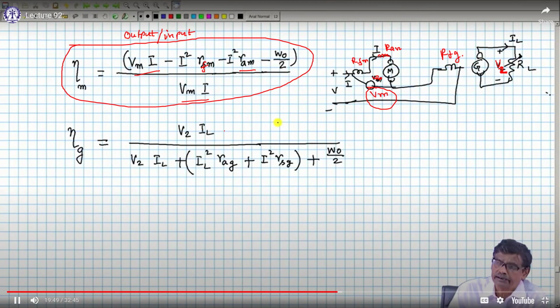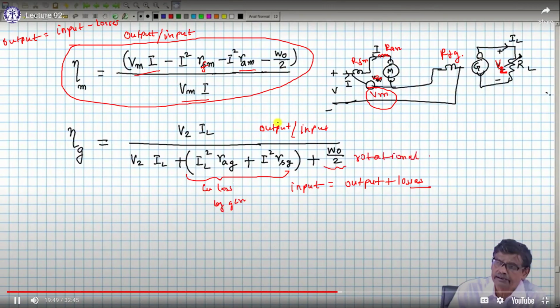Now, this is output by input, and we know that for the motor, output is input minus losses, and for the generator, input is output plus losses. So for calculating the efficiency of the generator, you are basically adding the copper loss in the generator and then the rotational loss of the generator, so that you can calculate the efficiency.